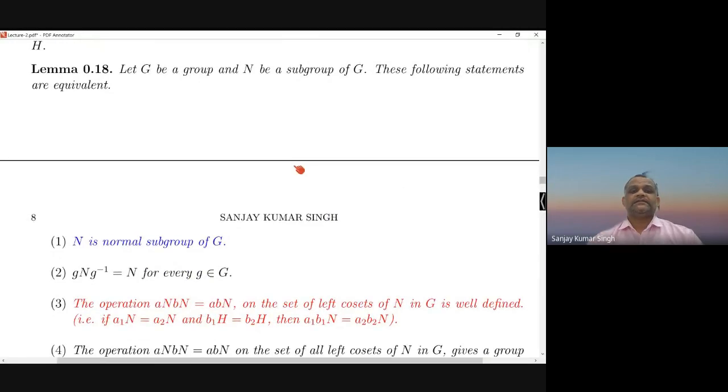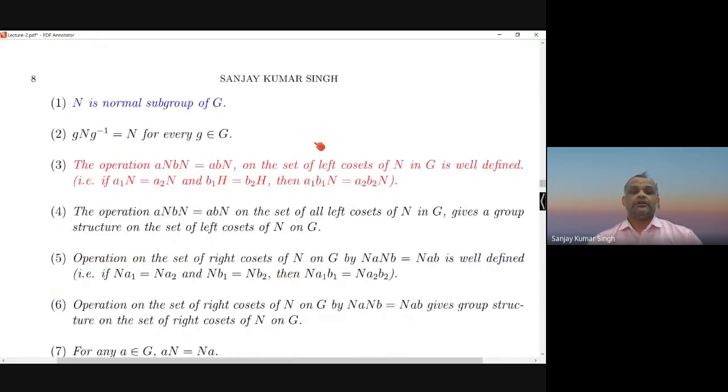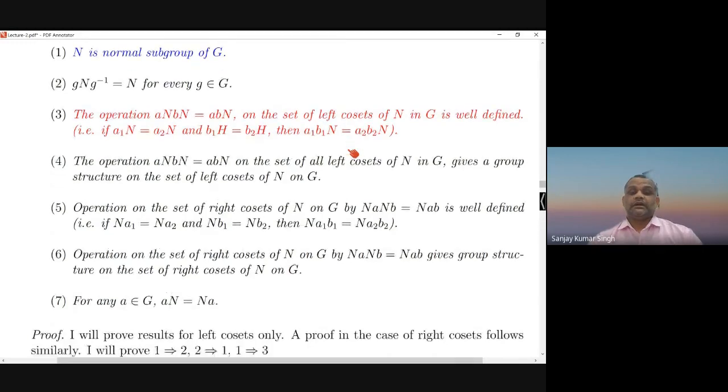And this lemma says: let G be a group and N be any subgroup of G, then the following statements are equivalent. What are the important statements? 1 and 3 I am looking at. 1 says that N is a normal subgroup of G, and it is equivalent to 3, which says that the operation (aN)(bN) = abN is a well-defined binary operation on the set of left cosets, which was our expectation.